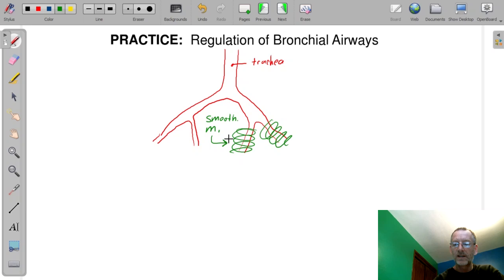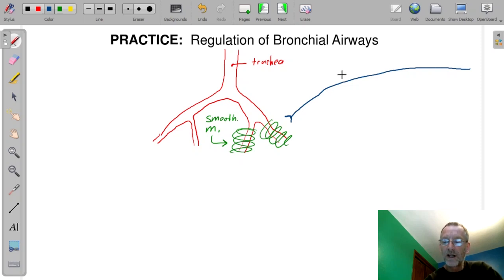Okay, let's finish this, and let's do the parasympathetic. So we'll just pretend that this is our second neuron, our postganglionic neuron. So this is a parasympathetic.